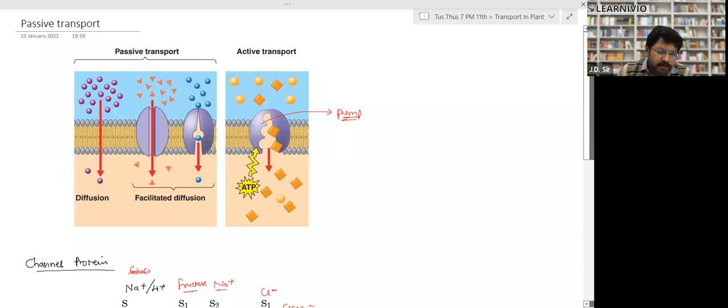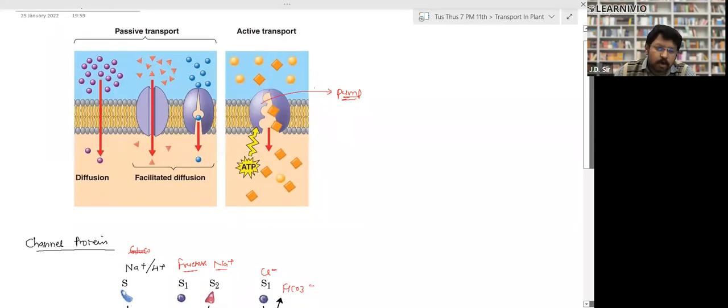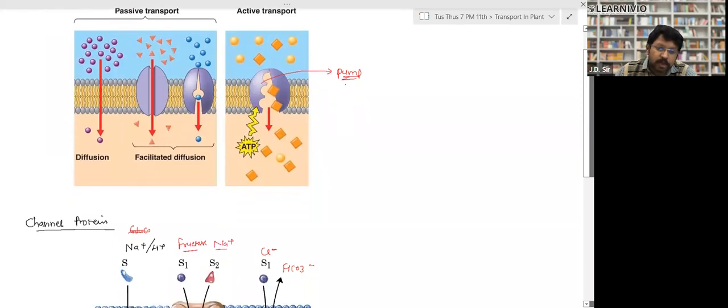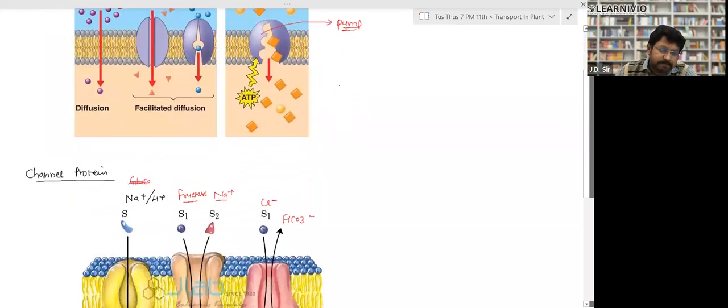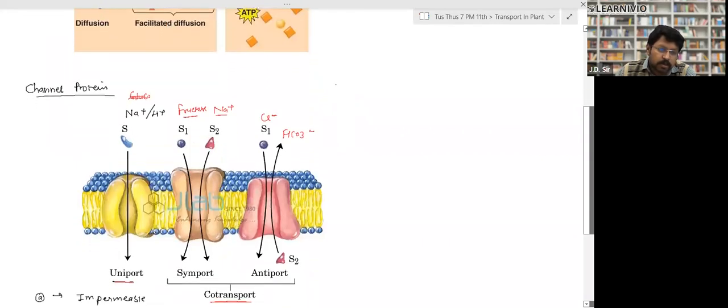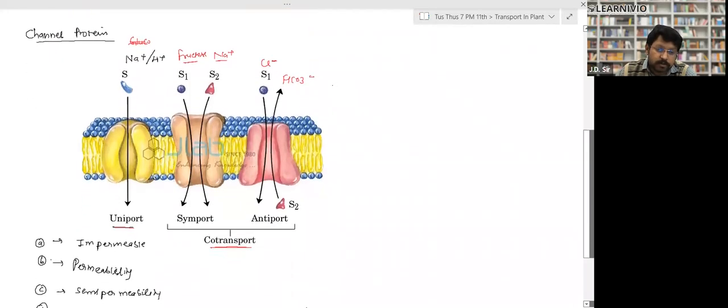Facilitated diffusion is also passive transport. Both take place in the direction of the diffusion gradient, but the carrier protein is required. In active transport, energy is spent, and the channel proteins which are required in active transport are known as pumps.